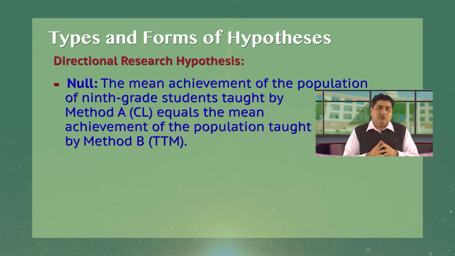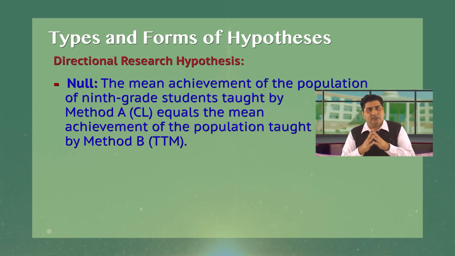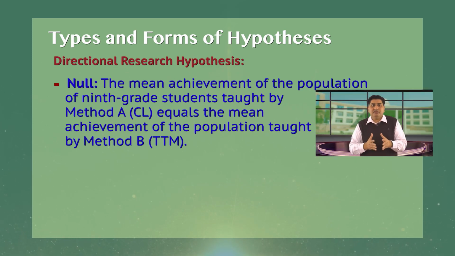Let us see another example presenting the hypothesis in directional form. Let us take the same example when we were comparing group means of two groups for two different teaching methods. In this case, the null hypothesis would be the mean achievement of the population of 9th grade students taught by cooperative learning method equals the mean achievement of population taught by method B, that is traditional teaching method.